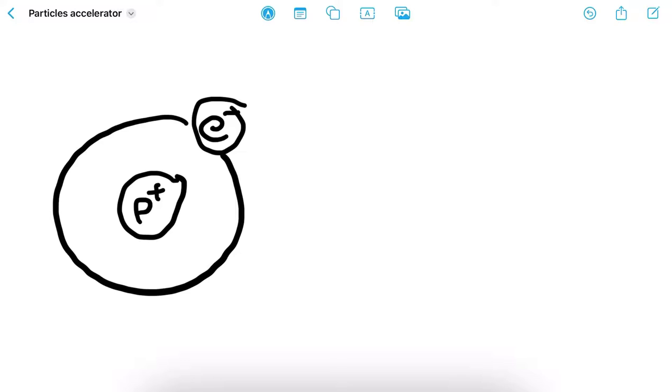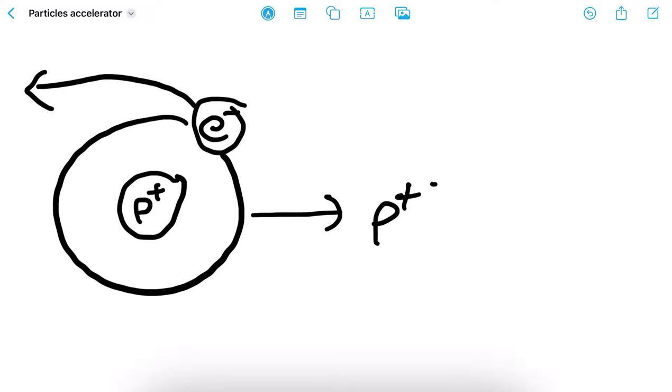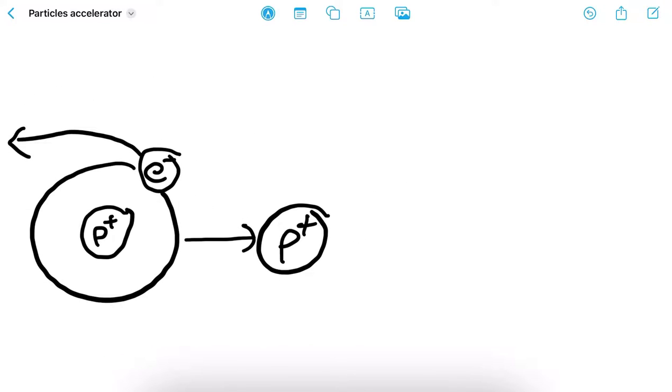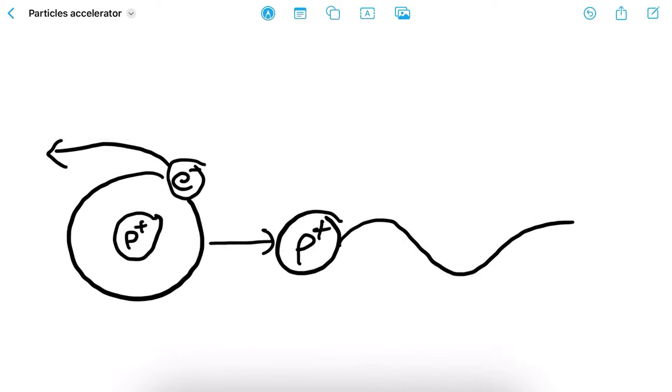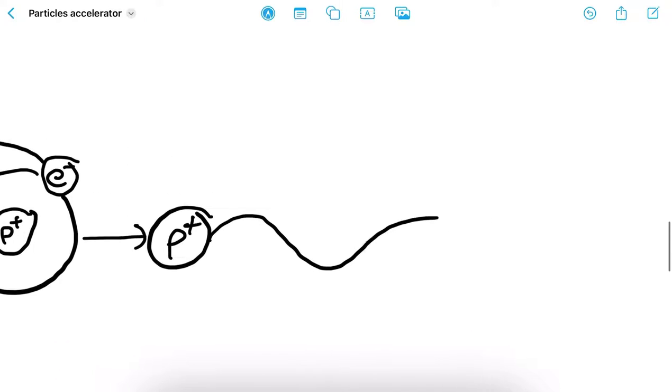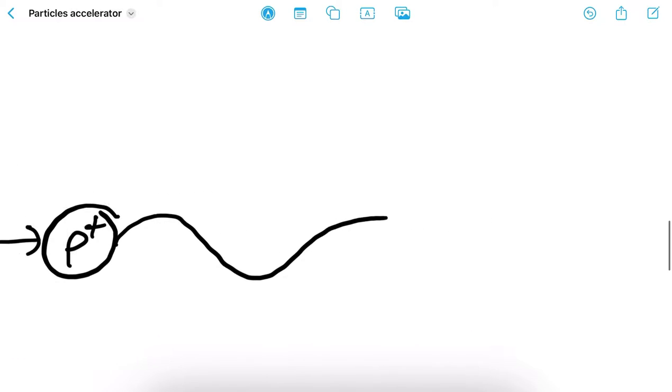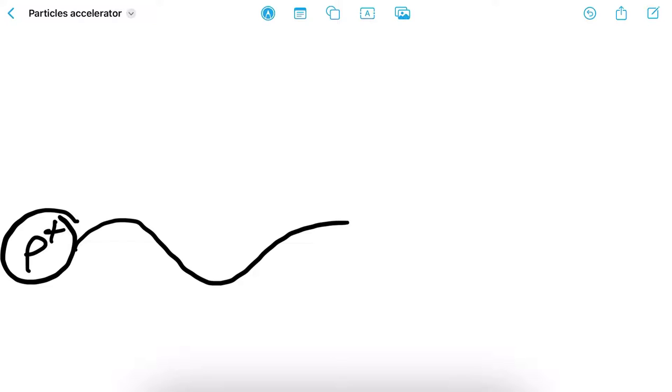And if we remove the electron, what's left behind is the proton. And imagine we have a stream of protons like that. And from that stream of protons, how do we get it to accelerate?